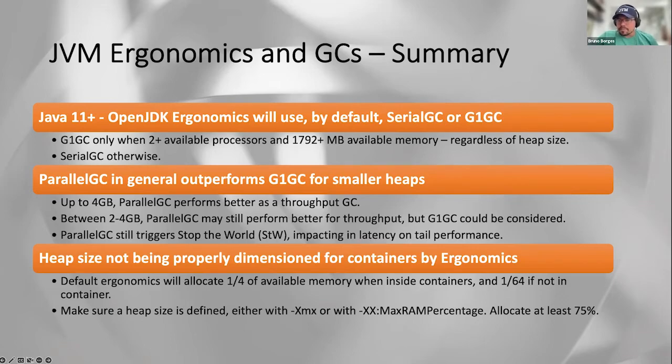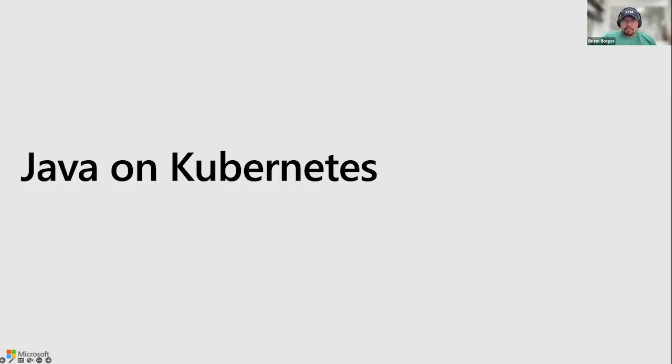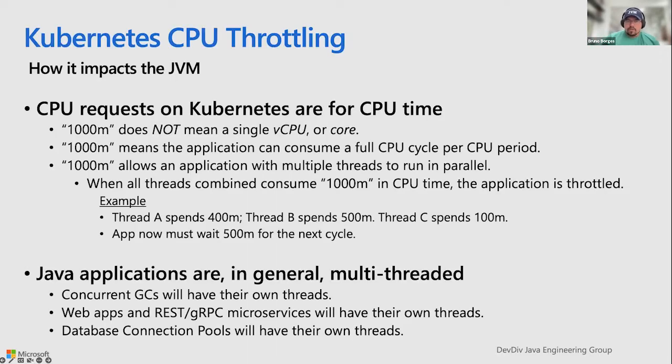So let's move on and talk about Java and Kubernetes. Again, there are a lot of things here, but they kind of go back to the containers. Just to recap, CPU throttling is when the application doesn't have more time to be used in the CPU. But there are some misconceptions.